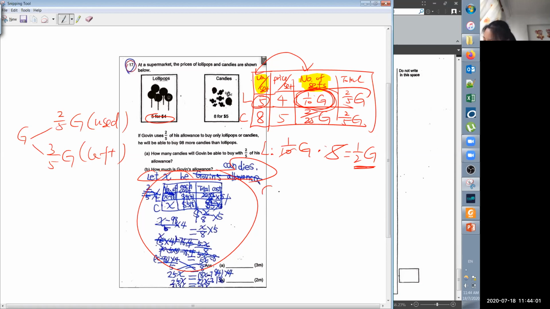Then you need to find your candy, which is 2/25 times 8. This gives you 16/25 G, so this is your candy and this is your lollipop. Now it says 98 more candy.